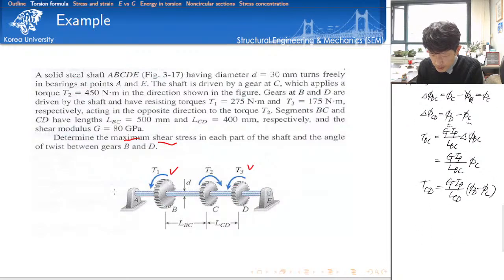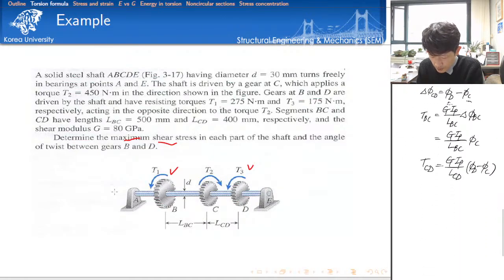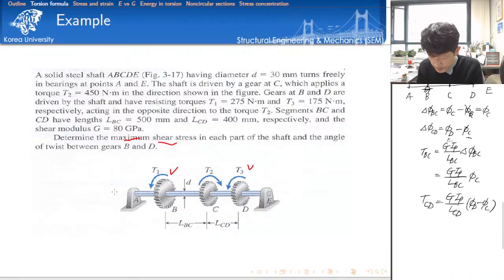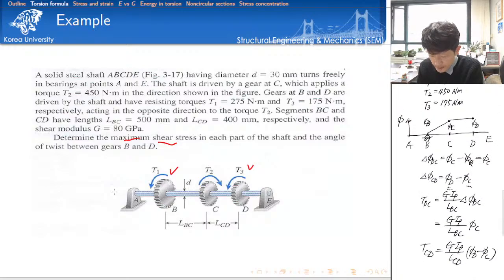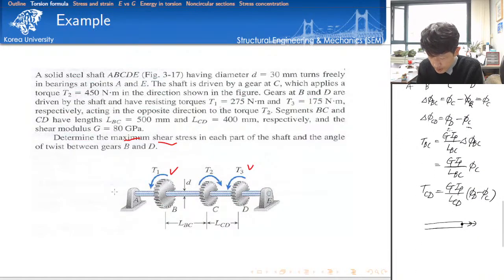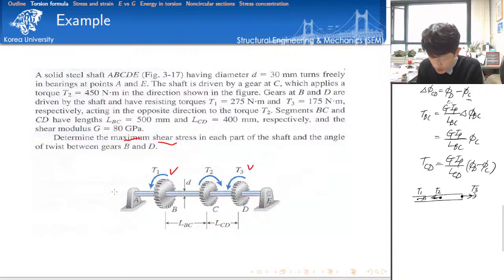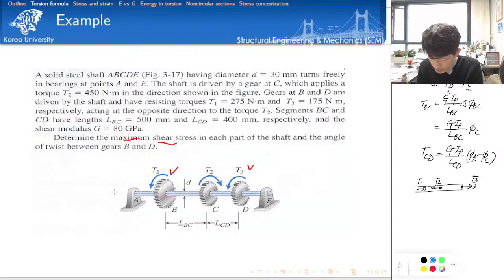Then the remaining step is really straightforward. We have to apply T3 and then T2 and then T1. We can apply the force equilibrium for the individual nodal points.